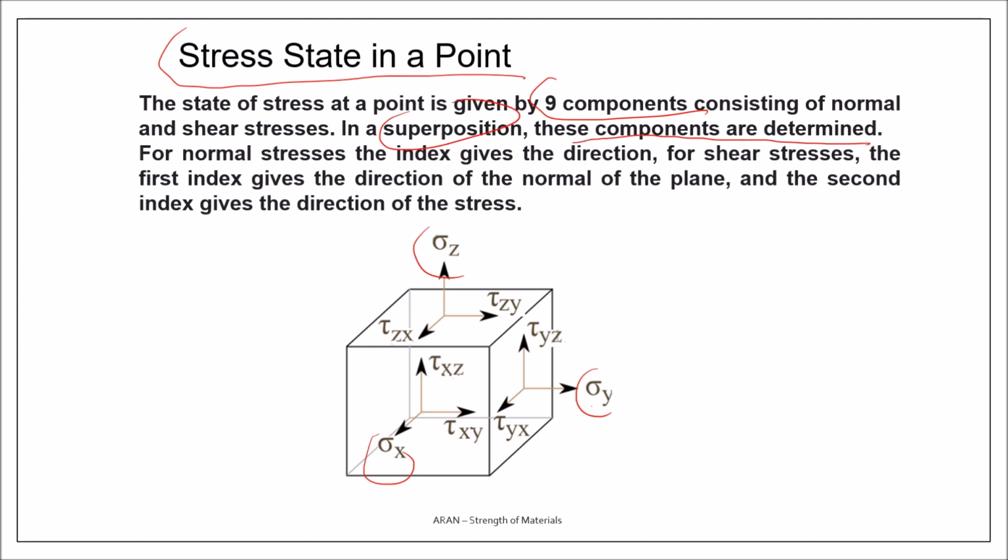For a normal stress, we remember that the index shows the direction of the stress. For a shear stress, the first index gives the direction of the normal of the plane, and the second gives the direction of the stress itself.